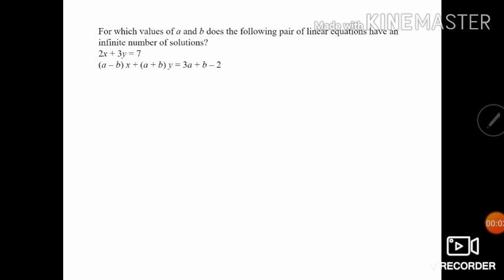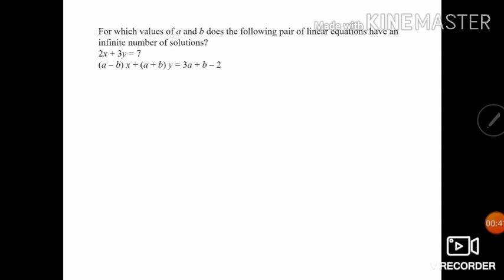So far in the chapter, we have used various methods to solve pair of linear equations. This particular question is not about finding the values of x and y. Let's read the question. For which values of a and b does the following pair of linear equations have infinite number of solutions?